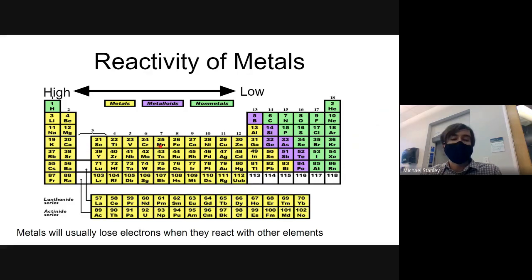And then as you get closer to the middle of the periodic table, these guys are not as reactive. Like this guy right here is silver, this one is gold, this one is aluminum. Those guys are not particularly reactive metals, right? That's why they make good everyday wear or jewelry, because they don't react with other stuff in the environment.